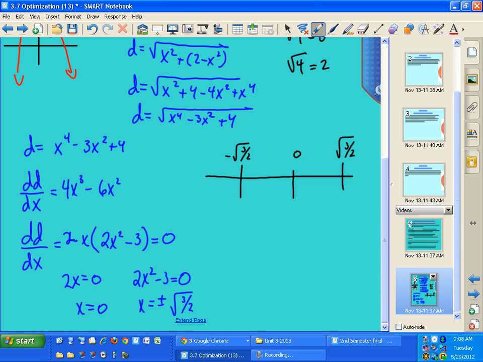So I'm going to choose something like f prime of, say, negative 2. That's smaller than the square root of 3 halves. Putting negative 2 into the function, I'm going to use this factored form right here. Negative 2 means this is negative, and negative 2 here gives a positive, so I end up with a negative times a positive, which is negative, so we are decreasing there.